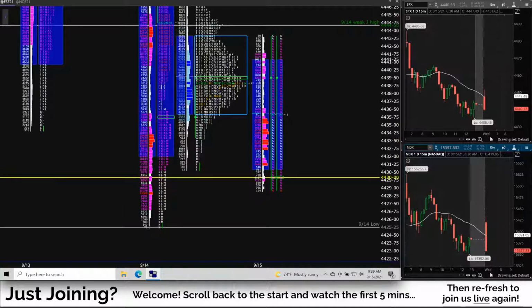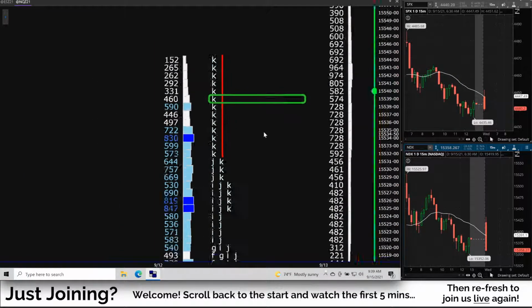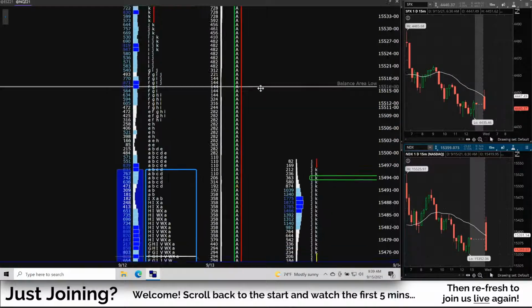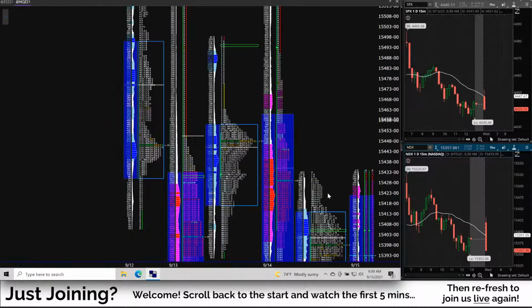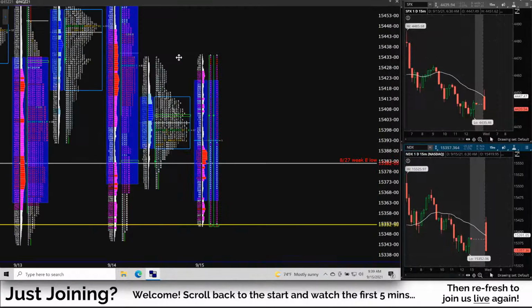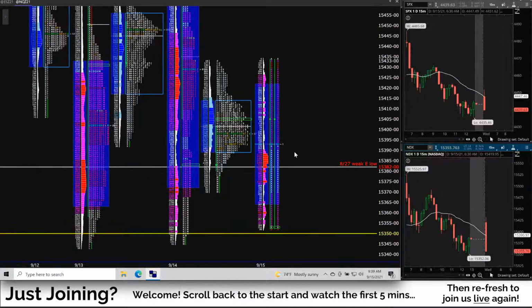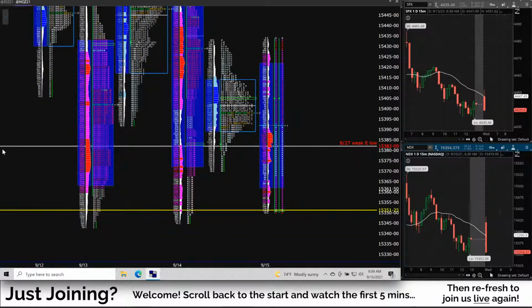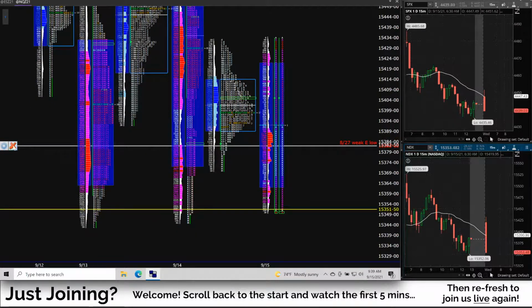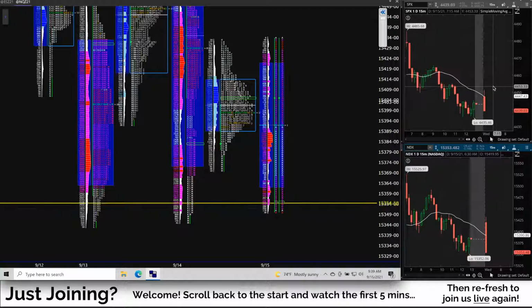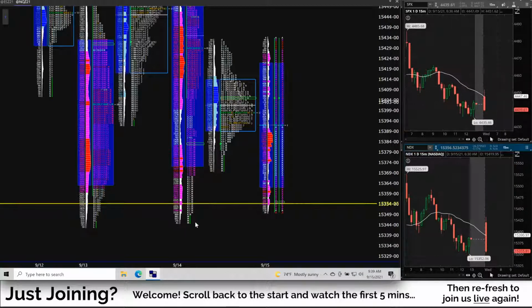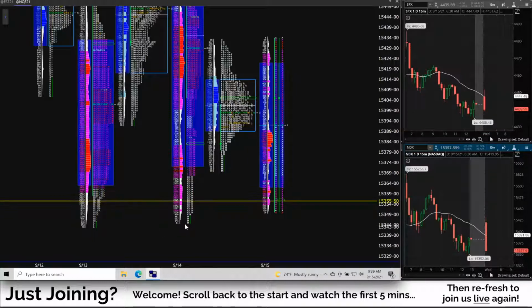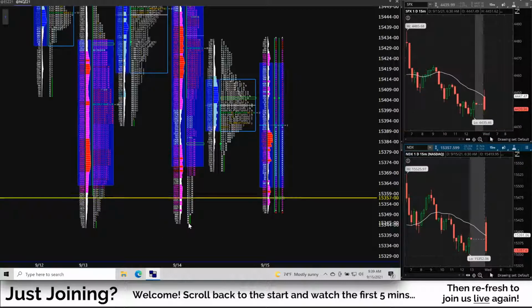Where's the NQ resistance? Yeah, NQ, interestingly enough, kind of made higher lows yesterday, but I would call that actually poor, probably.